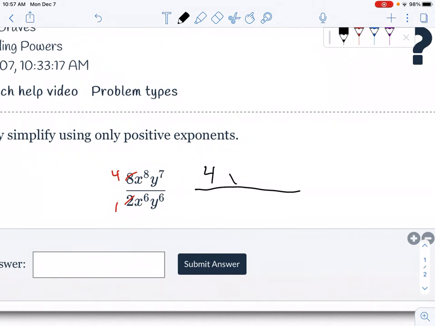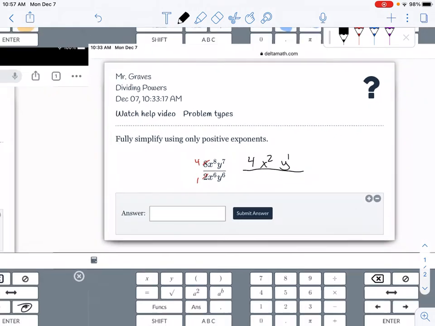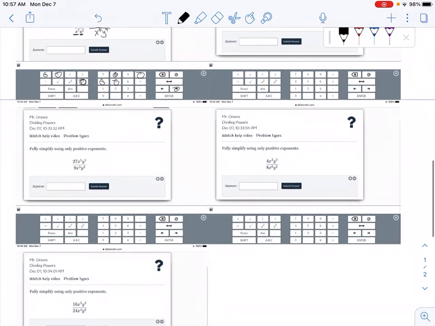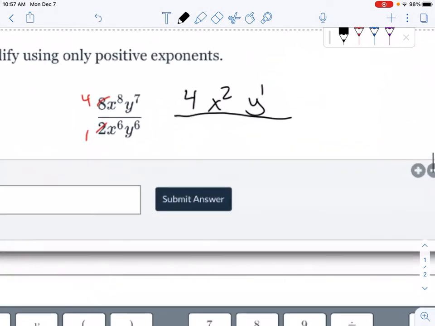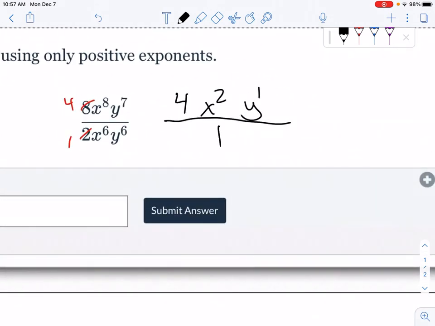Remember, both of my answers are going to go on top without doing any math, because that's bigger than that and that's bigger than that. So my x, I'm doing 8 minus 6 to get 2. My y, I'm doing 7 minus 6 to get 1. I didn't have anything else to write in the bottom, so it's technically over 1, or I could just leave my answer like that.